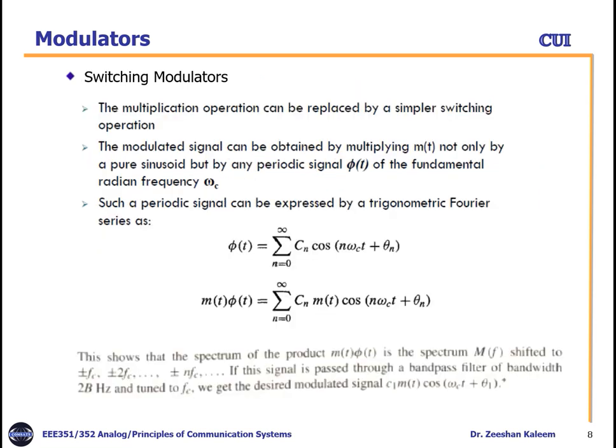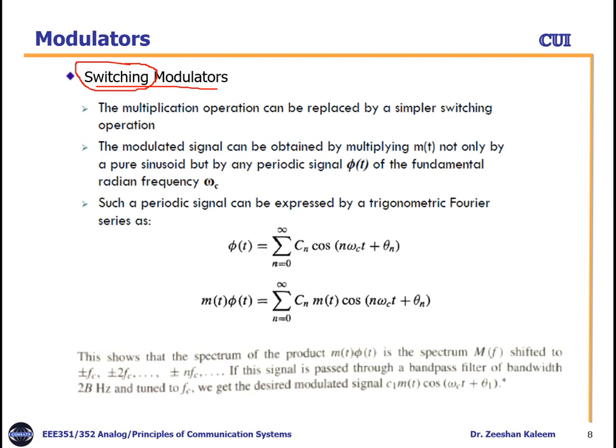Let's discuss another type of modulator, which is called a switching modulator. As can be clearly noticed from its name, there is a term switching. You would have learned these concepts of switching in electronics many times. Switching is usually used for switching a diode.